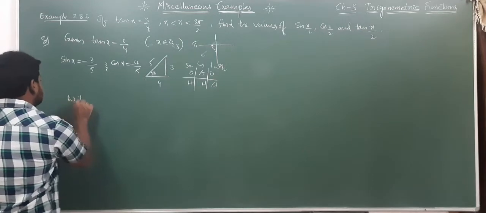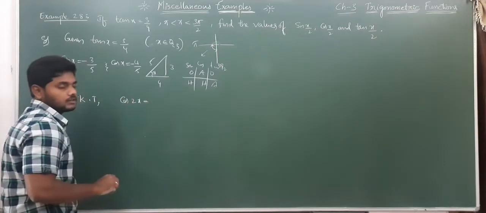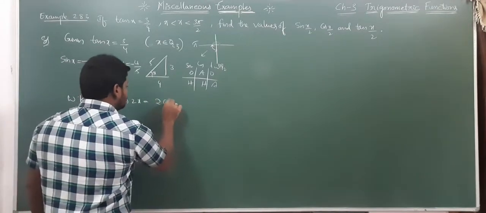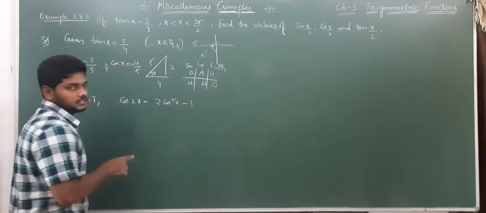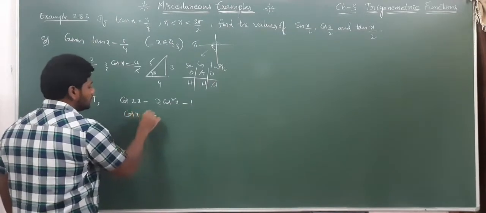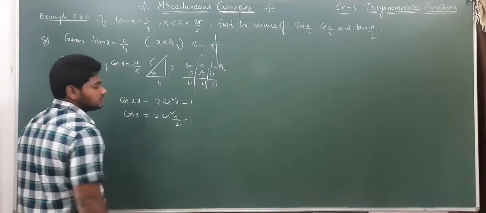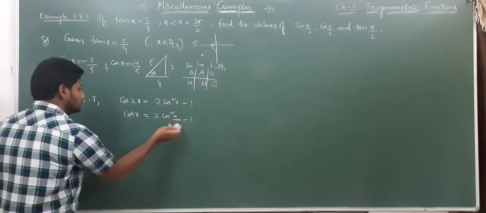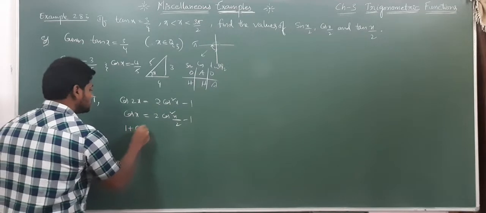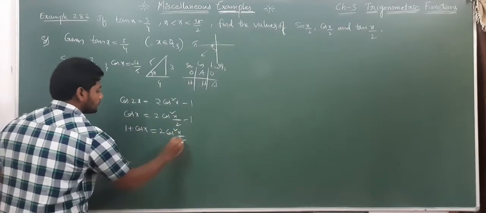Here we know that cos 2x equal to 2 cos square x minus 1. This is in terms of the normal formula. But when it comes to half angles, it will become cos x equal to 2 cos square x by 2 minus 1. So when you bring this side, 1 plus cos x is equal to 2 cos square x by 2.